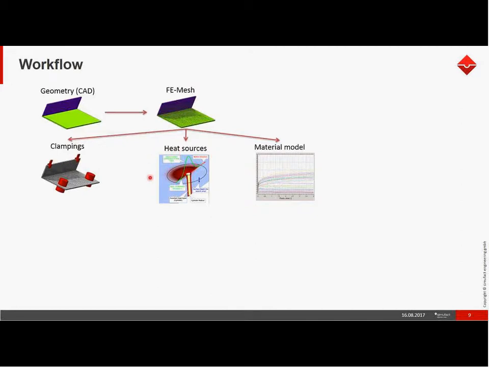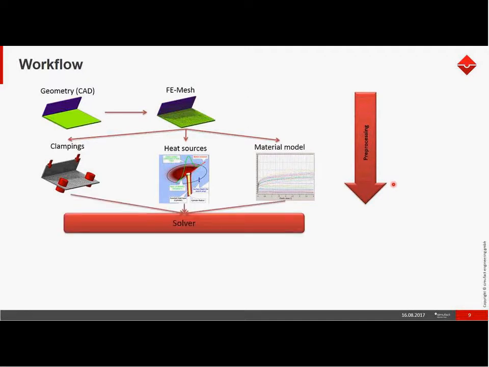We then also add the heat source, and we take care of a certain material model. Simufact Welding comes with a default set of about 30 materials that are already available, and you are also allowed to define your own material. All of this is called pre-processing, which can be accomplished in our UI.